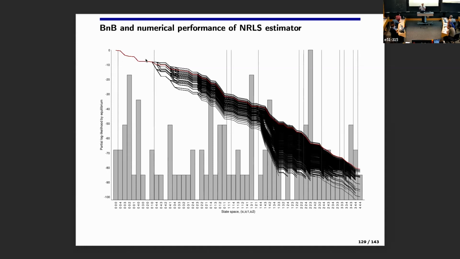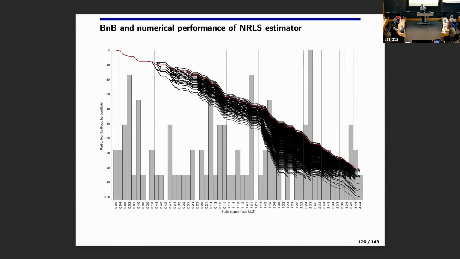And the likelihood does decline, right, as you add more and more data. So this is very convenient because we're looking for the maximum of these declining functions. And these are what all these black lines represent. These are likelihoods computed for particular equilibria corresponding to a branch on the RLS tree.